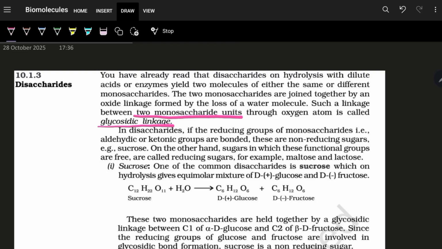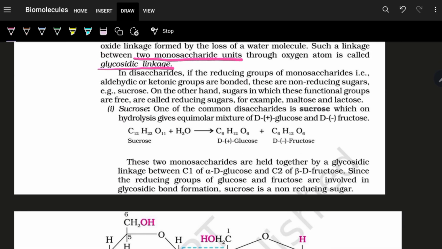So, disaccharides on hydrolysis with dilute acids or enzyme, they yield two molecules of either the same or different monosaccharide unit, like sucrose. Sucrose is a disaccharide.